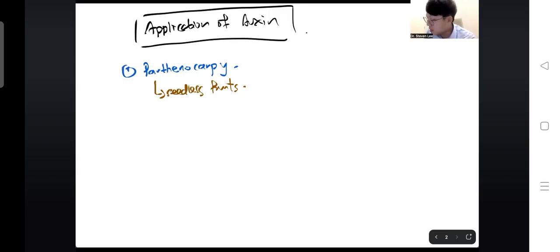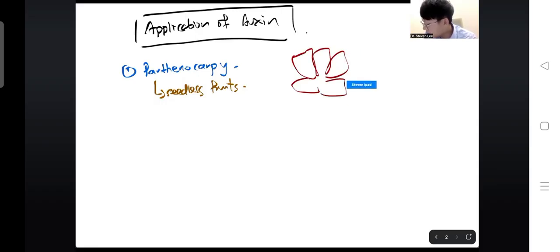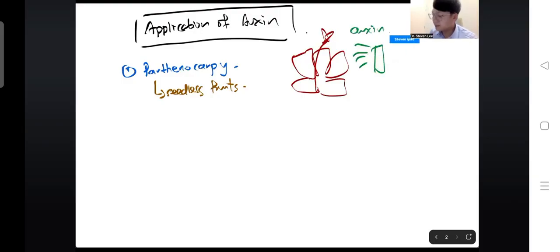So what happens is that usually they will draw a flower. For example, I simply draw a flower. So they spray auxin to the flower. So whenever you see this, they are trying to perform parthenocarpy.